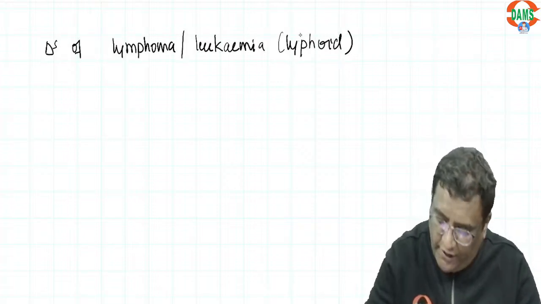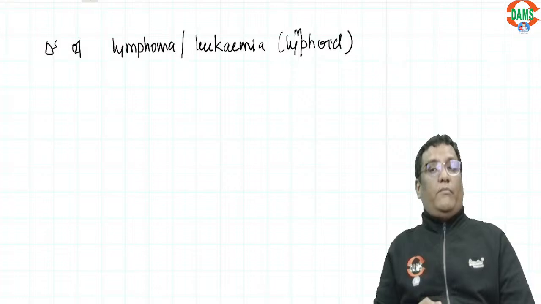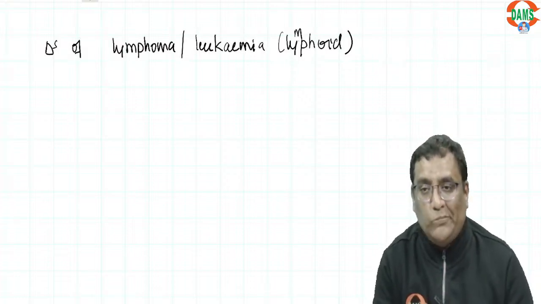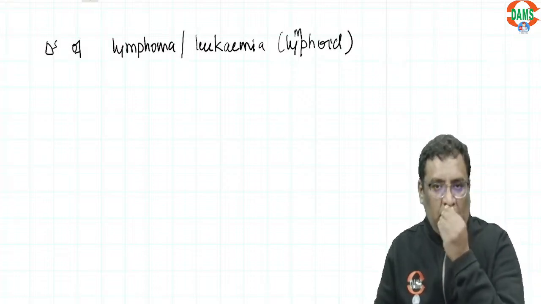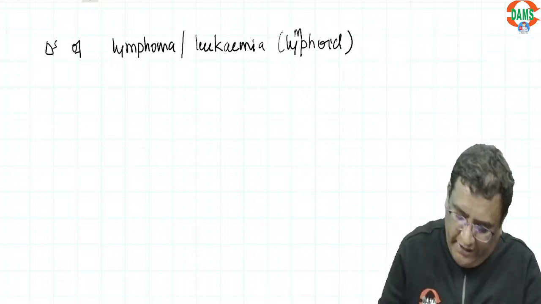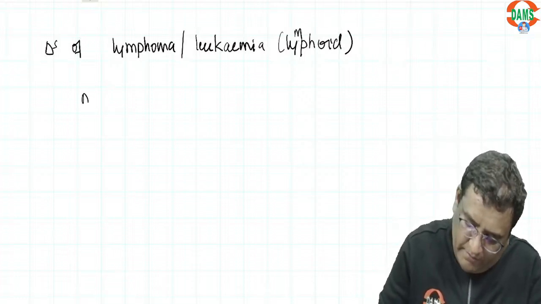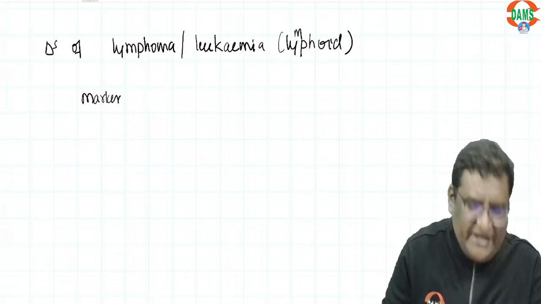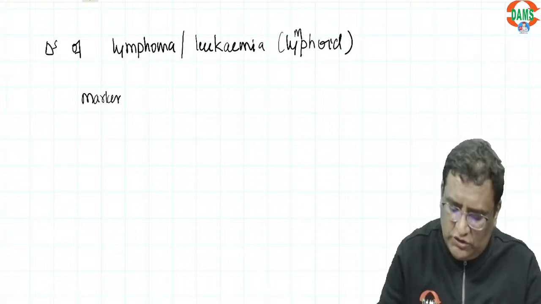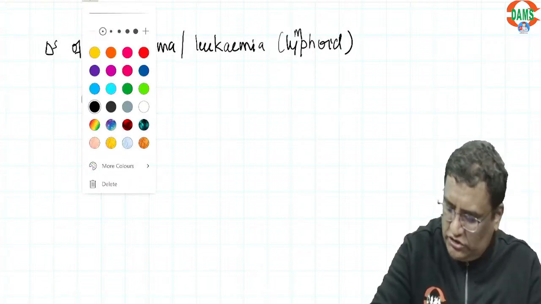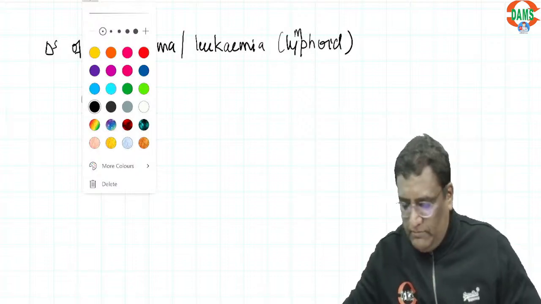For lymphoid we will be using markers. For myeloid we don't use markers, isn't it? Yes. So now let us talk about diagnosis. Very important, we require markers. Apart from markers, there are genetics and other things. We will not discuss them today. So let us talk about these important markers.